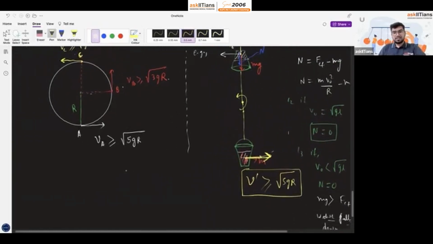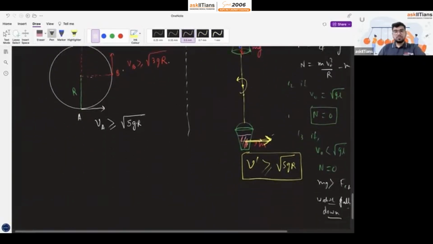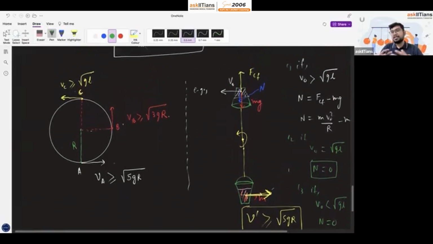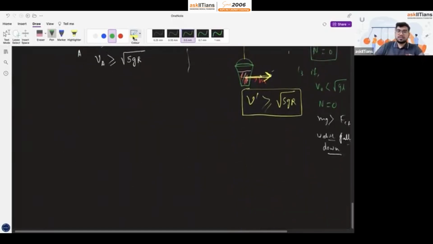And sometimes, to give an experience of extra gravitational force, or let's say a sense of more gravity, astronauts do this thing with respect to centrifugal force. They get into a chamber, and that chamber rotates with a very, very high speed.